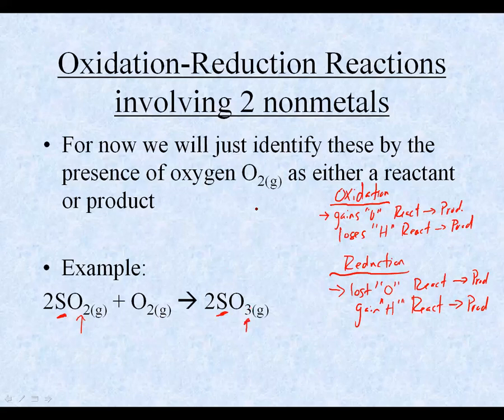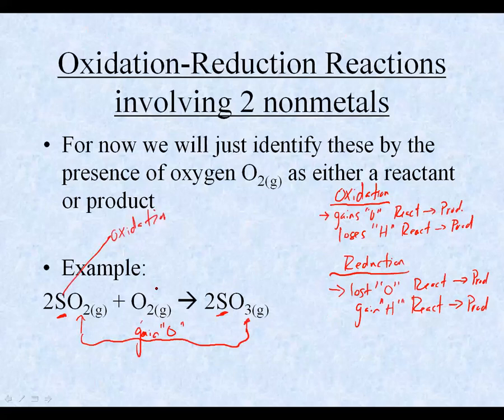So going from left to right, the sulfur gained oxygen, which means that the sulfur is going through oxidation. And as silly as it may sound, the oxygen on the left-hand side went from being by itself to nothing. So it actually lost oxygen. So the oxygen by default would be the thing going through reduction in this case.